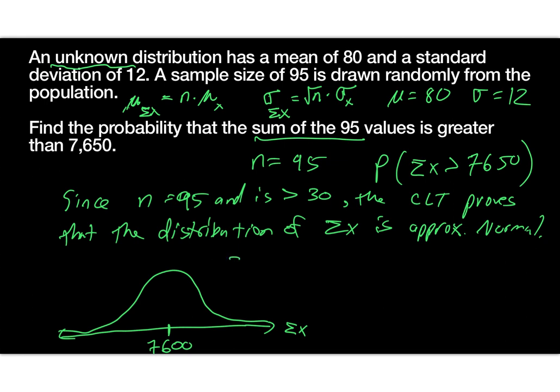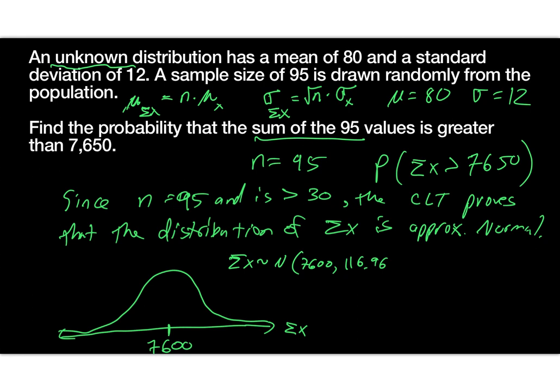And I will say the sum of x's approximates a normal curve with a 7600 mean and a standard deviation of 116.96. Any bobbleheads in the room approve of that number?